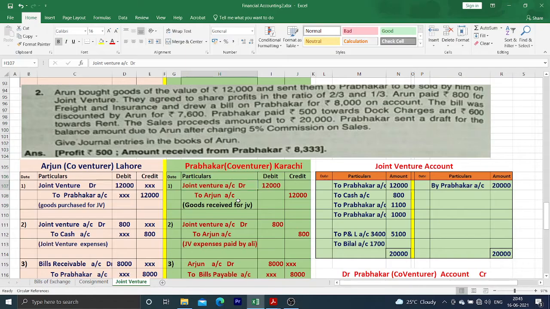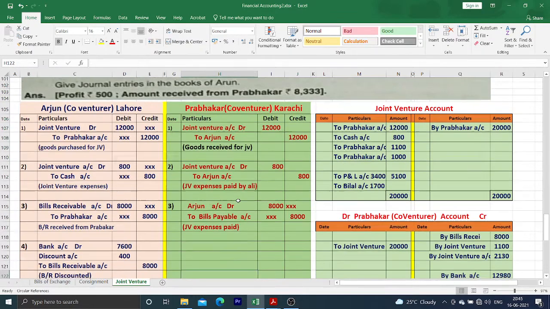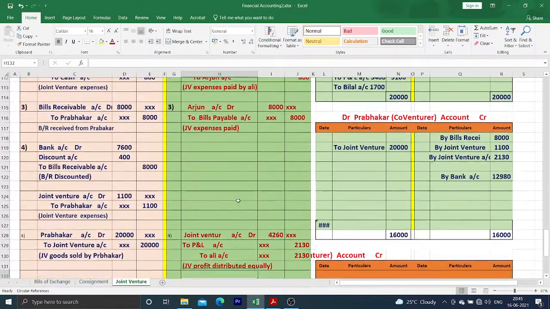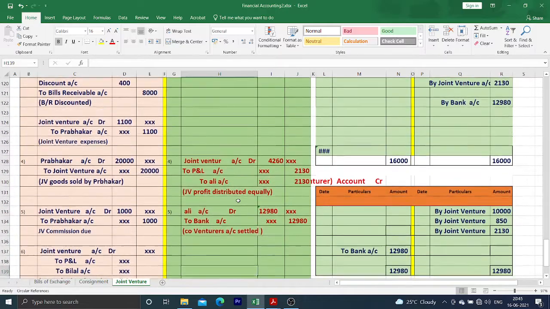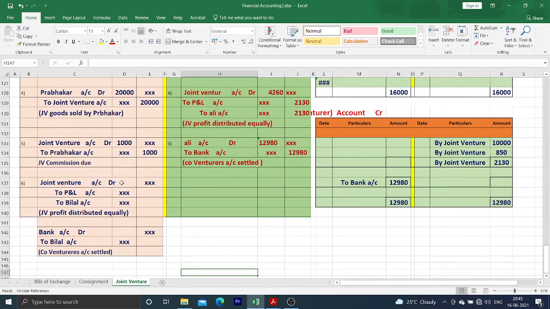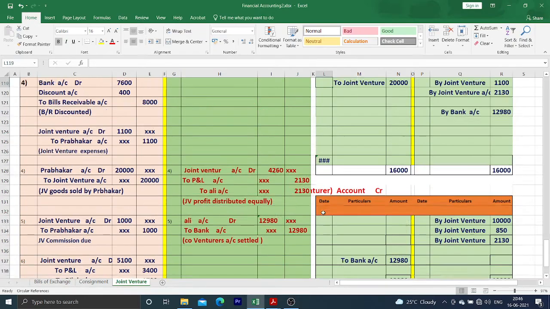Students, now that profit is distributed among the co-venturers. Joint venture amount 5,100. A amount 3,400, B amount 1,700. Okay, I prepare Prabhakar account.